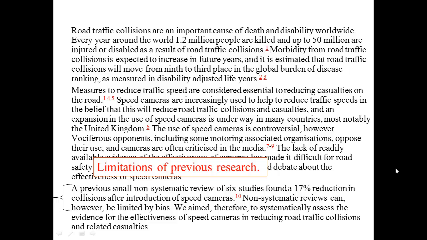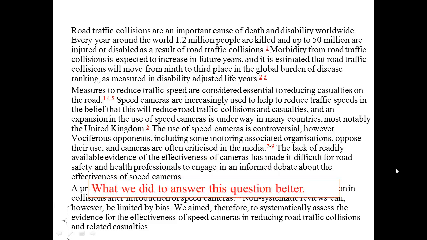And here's the limitations of previous research. Well, there hasn't been much research, and there was one small non-systematic review previously that looked at 6 studies. They did find a 17% reduction in collisions after the introduction of speed cameras, but there was probably a lot of problems with this study because it was a non-systematic review, and they tell you why non-systematic reviews might be biased. So what did they aim to do in this study?